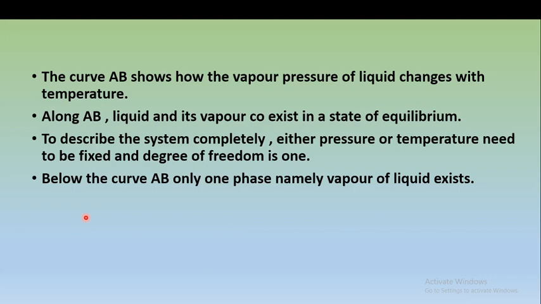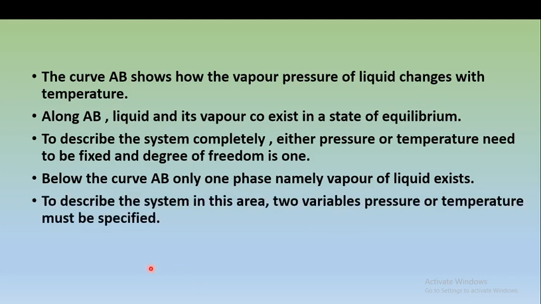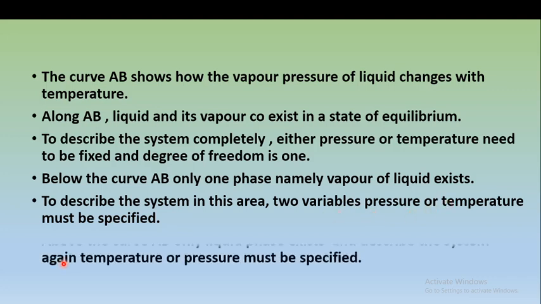Above the curve AB and below the curve AB, there are two regions where only one phase is present: above, liquid is present, and below, vapor is present. To describe the system in the region below the curve AB, two variables, pressure and temperature, must be specified.